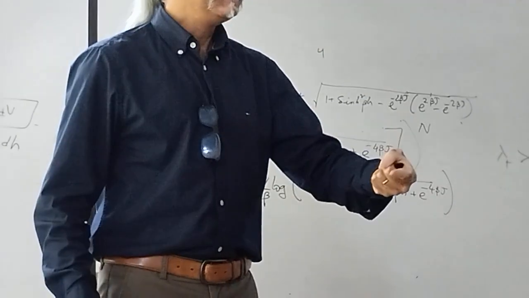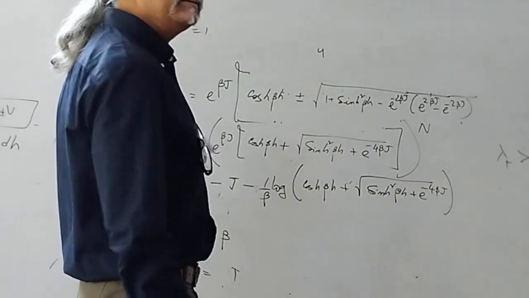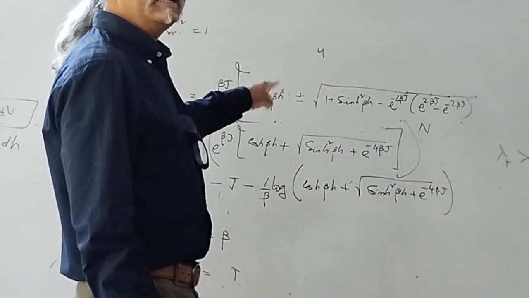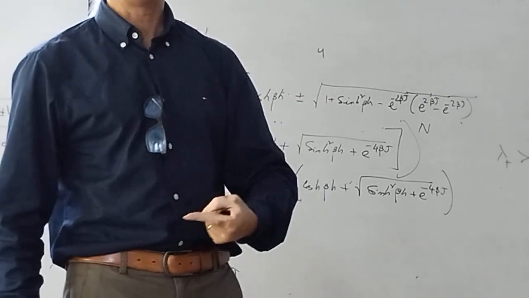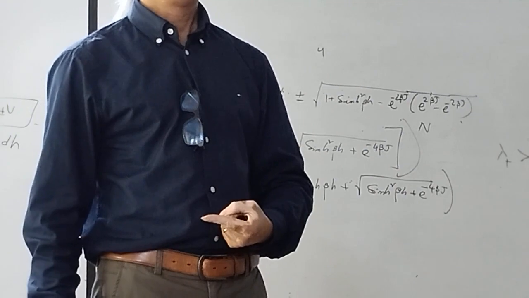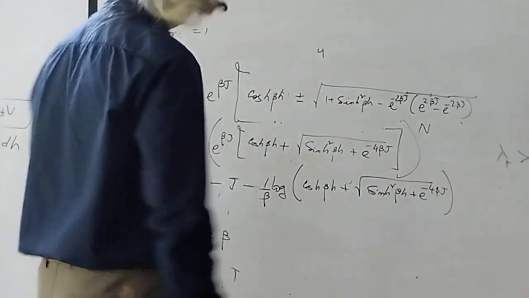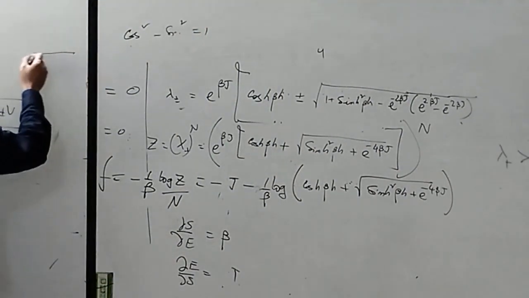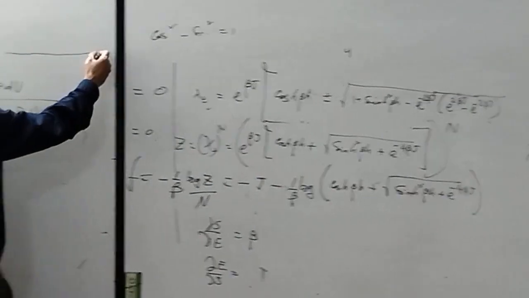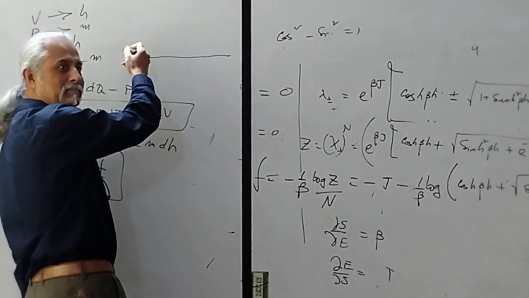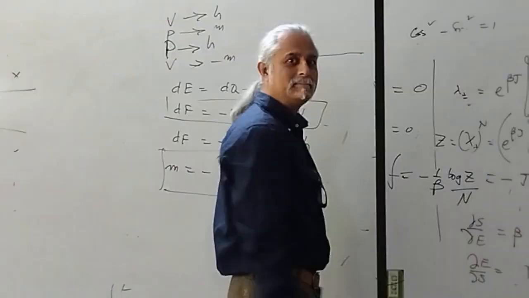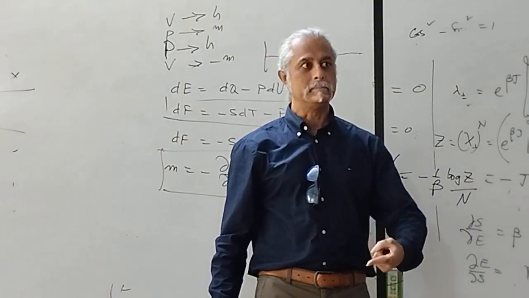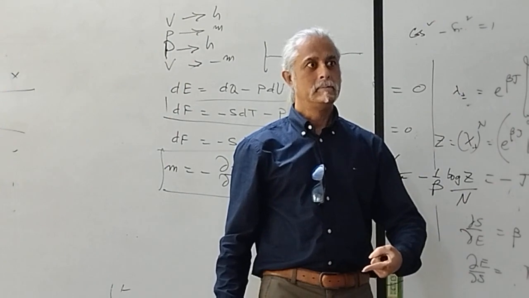He found, after all this calculation, he found there is no spontaneous magnetization. Meaning, as you come from high temperature, you visit all the temperature regime, and you find there is no transition for any finite temperature. That is a frustration.